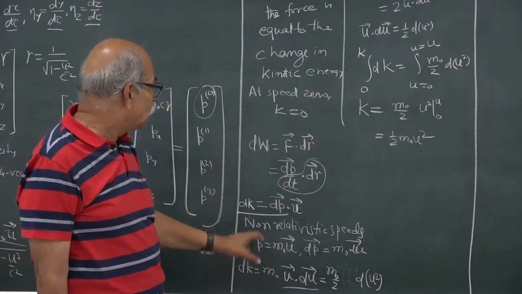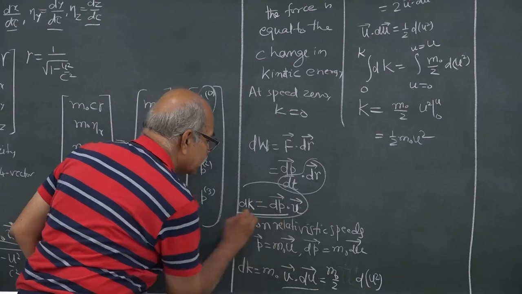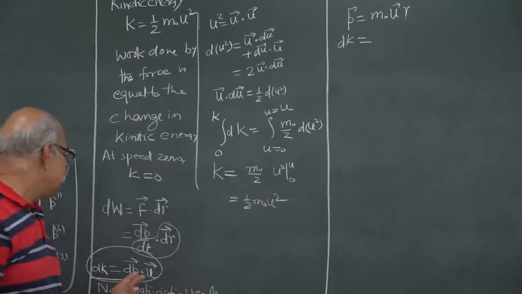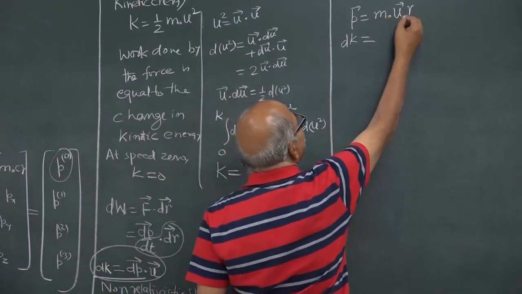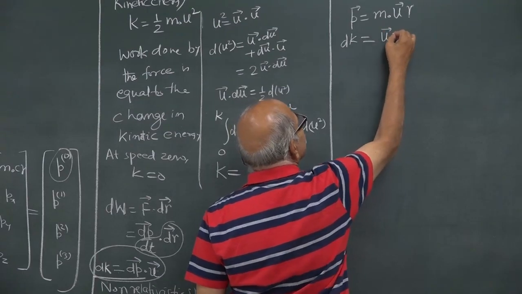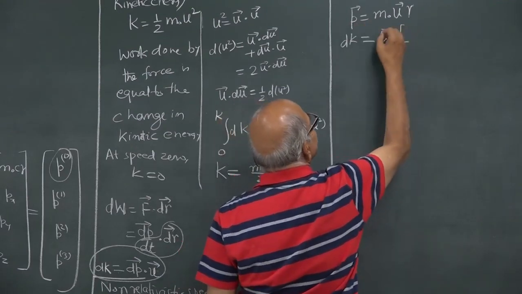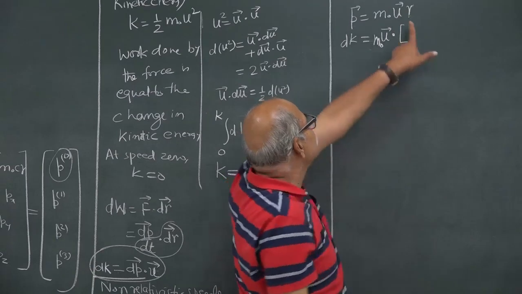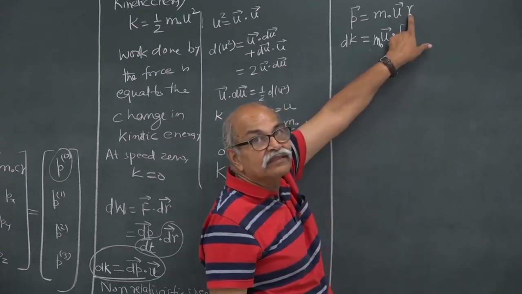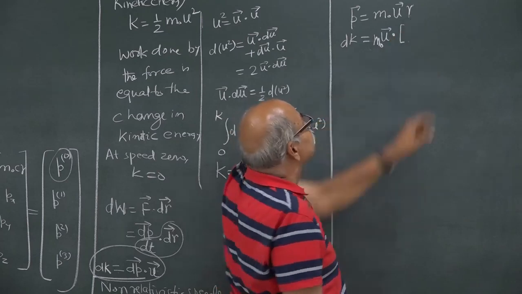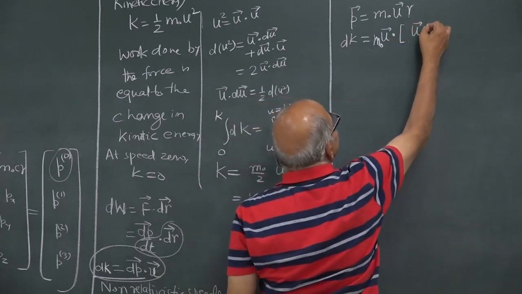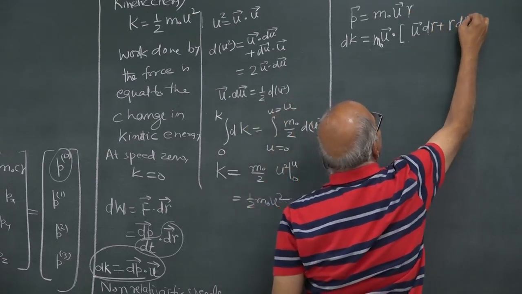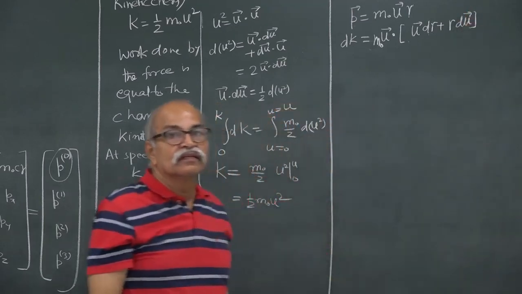Okay. So, we pick up from here, dk is equal to dp dot u, so let me write u dot dp, and what is dp? dp is m naught, which is constant, so I can write this m naught here, and here u is here and gamma is here, again there is a product, and therefore it will be u d gamma plus gamma du, right.